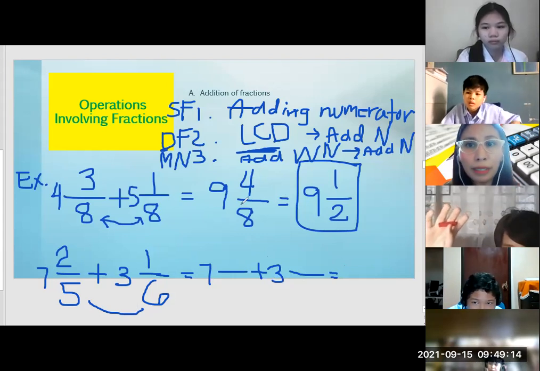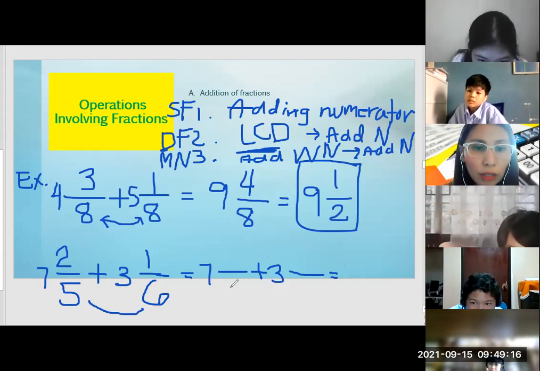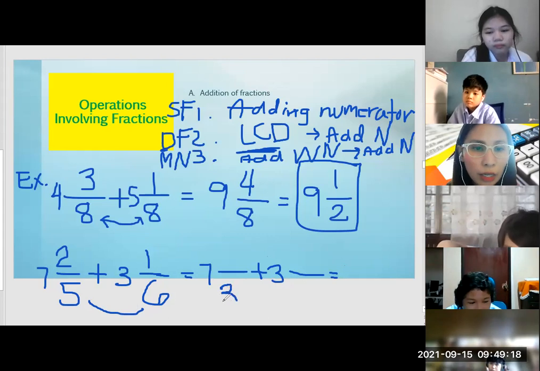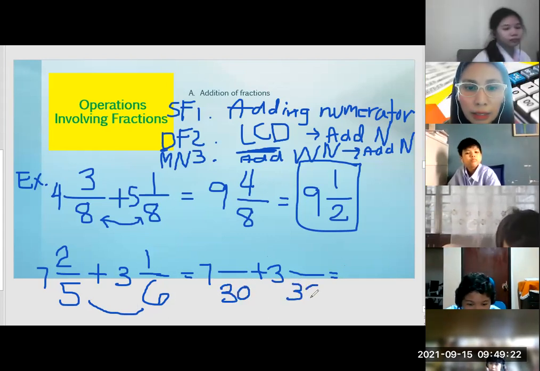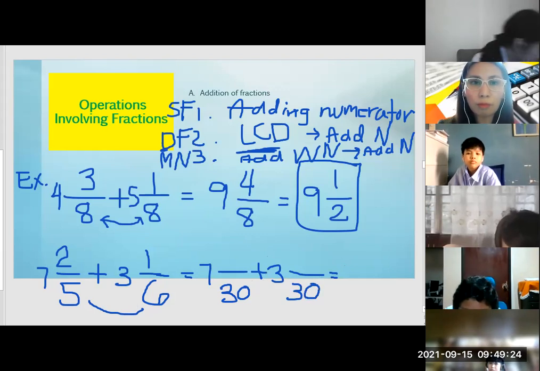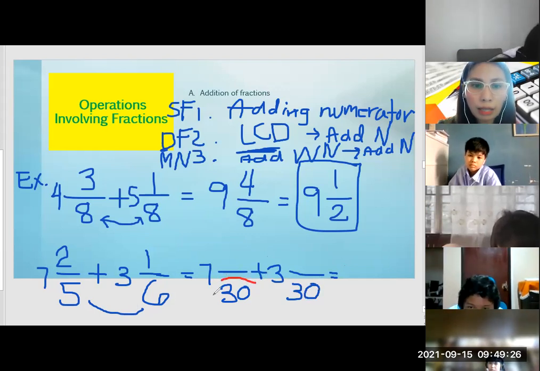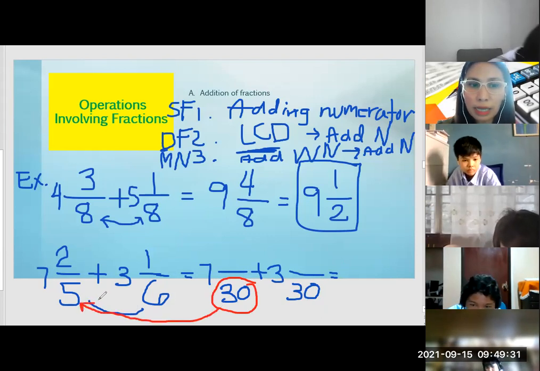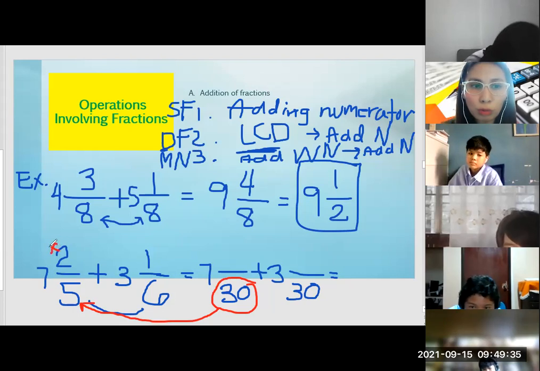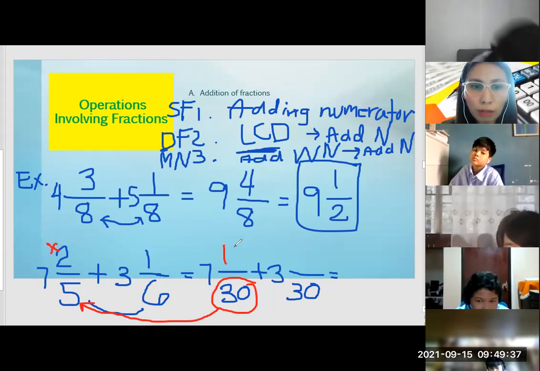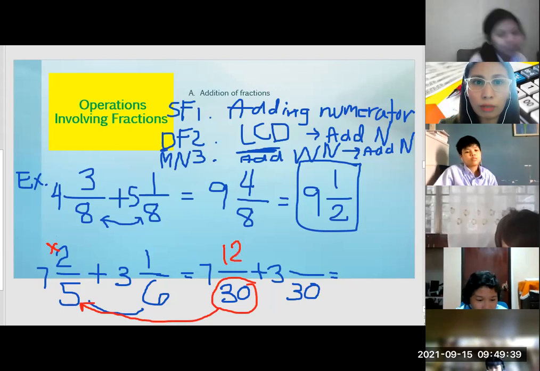Yes, Miss Amber. 30. 30 is correct. Thank you. So let's write 30. And then 30 divided by 5 is 6, times 2, we have 12. Right?